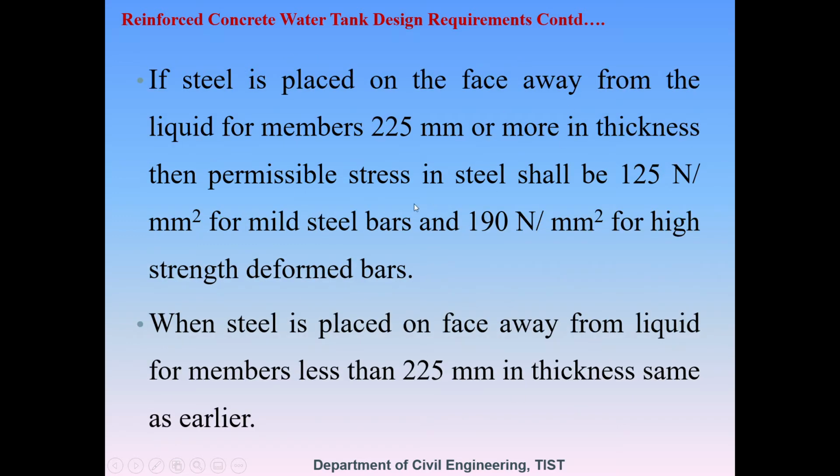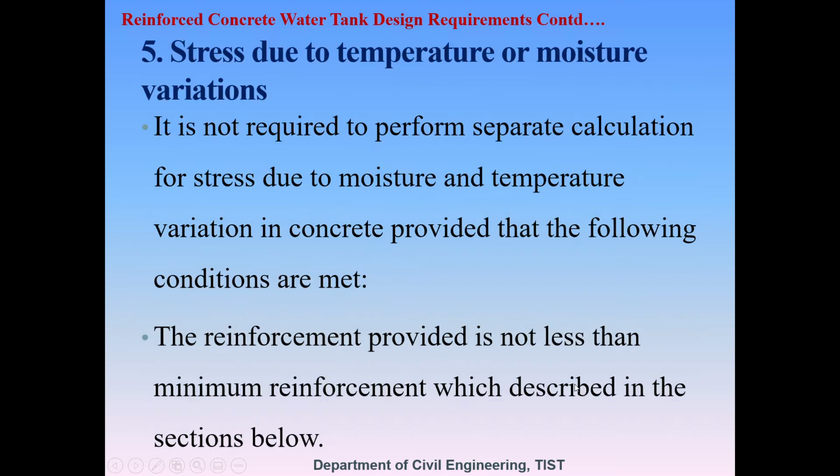If the steel is placed on face away from the liquid for members 225 mm or more in thickness, then permissible stress in steel shall be 125 Newton per mm square for mild steel bars and 190 Newton per mm square for HYSD bars. When steel is placed on face away from liquid for members less than 225 mm in thickness, same as earlier.